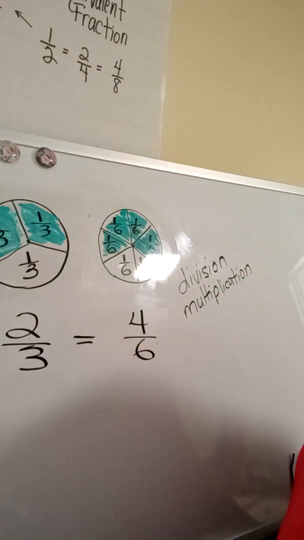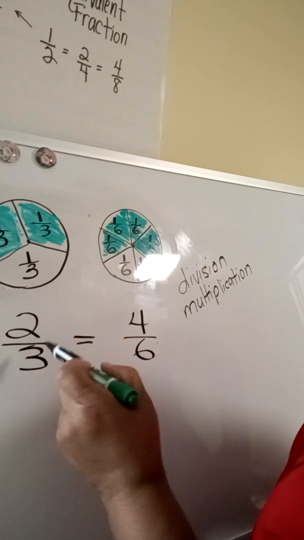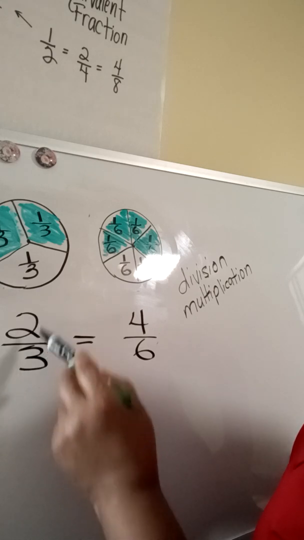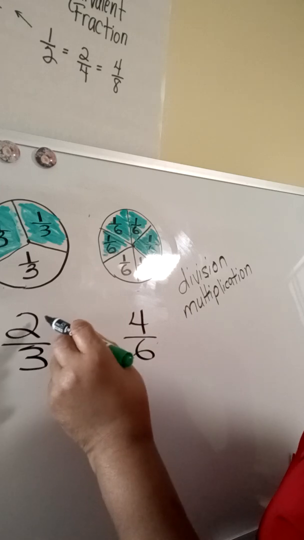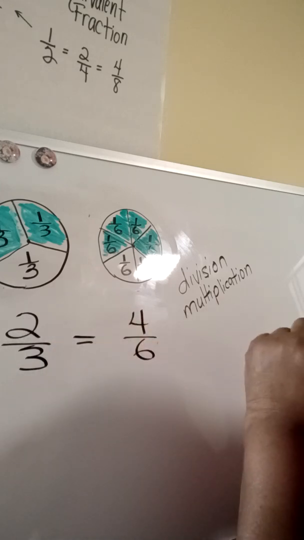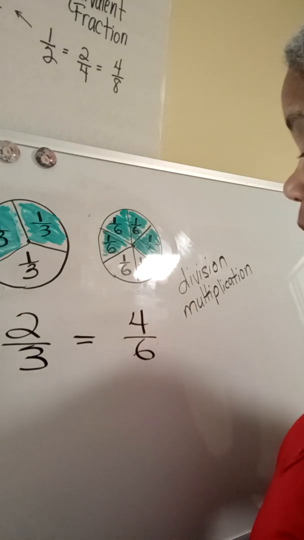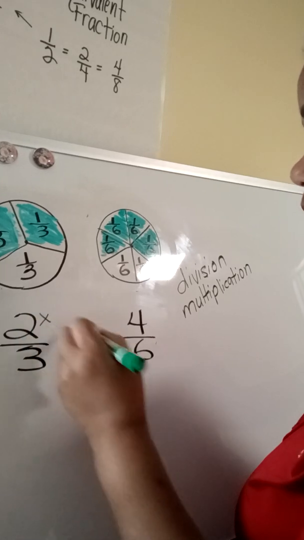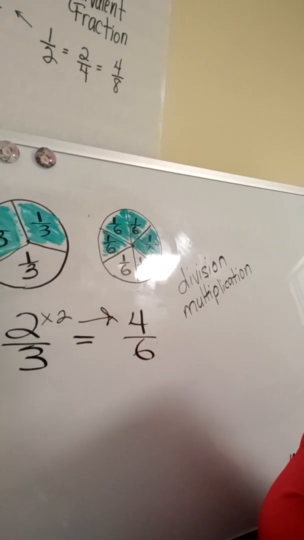Okay, so in this situation, we're going to look at our numerator first. So in 2/3, our numerator is 2. How then do we get from 2 to 4 using multiplication? Correct. We're going to multiply the 2, and that will give us 4.